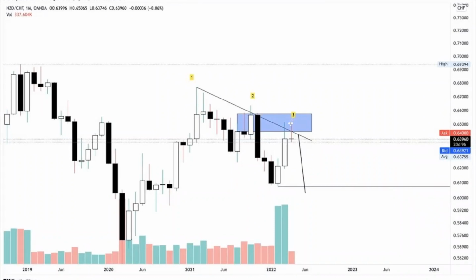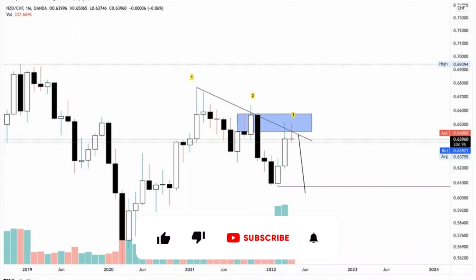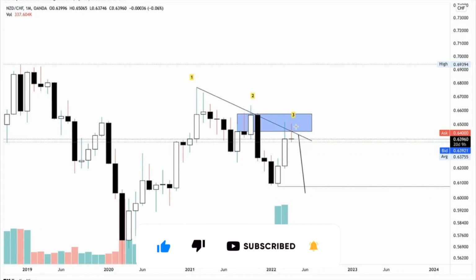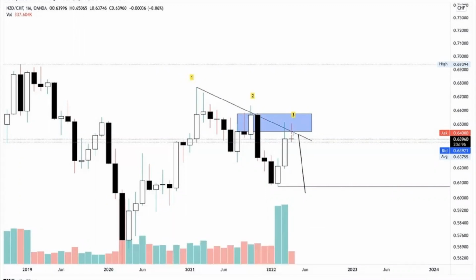Now you wait for rejection. See the way price rejected this place. This was April 9th, 2022, and we hit in this. Now the expectation is that we want to see price trade below this particular low for a take profit.